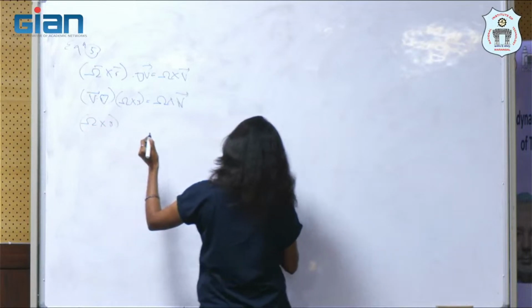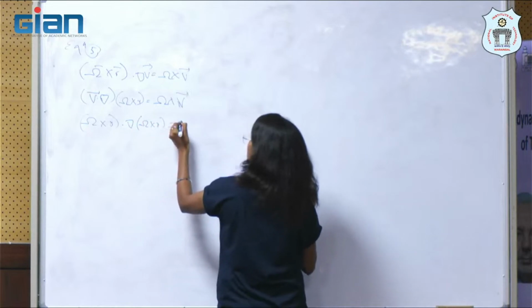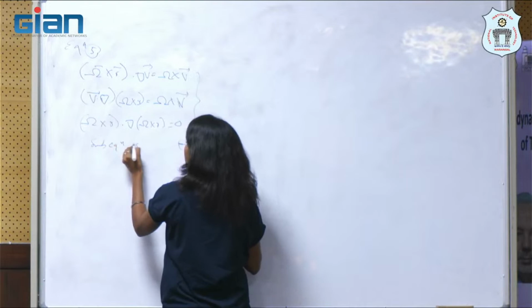The omega cross R value is 0. These are substituted in equation 5.